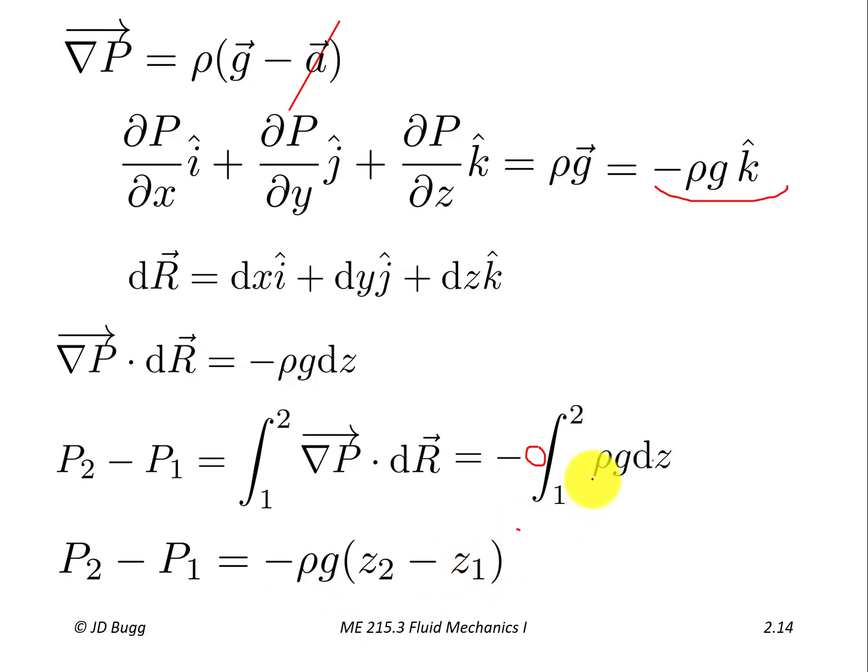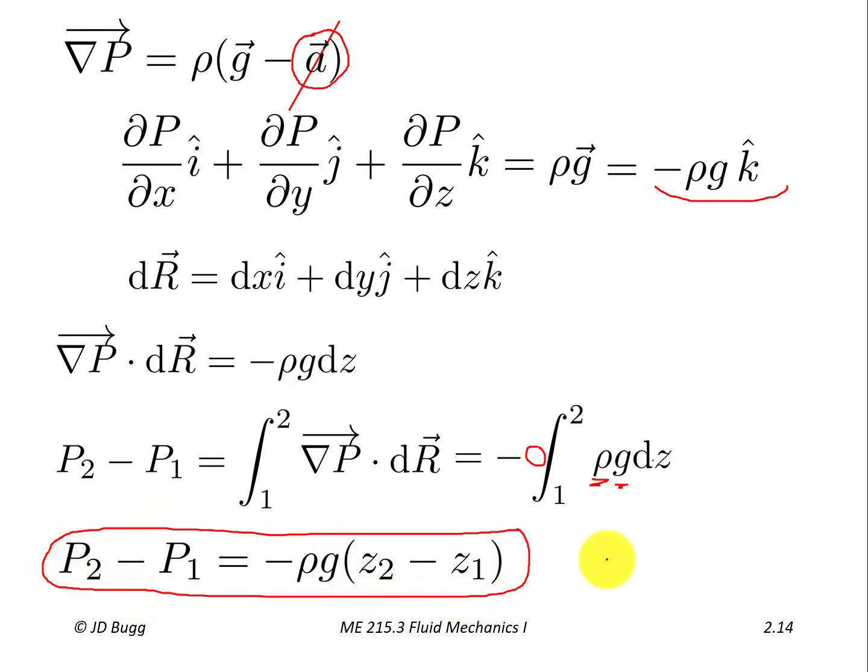So if we're willing to say rho and g are constant, and if there is no acceleration in the fluid and it's in a hydrostatic state, then this is how we can calculate changes in pressure as we move from place to place in that fluid. And it turns out the only thing important about our location is the z coordinate, so moving up and down.